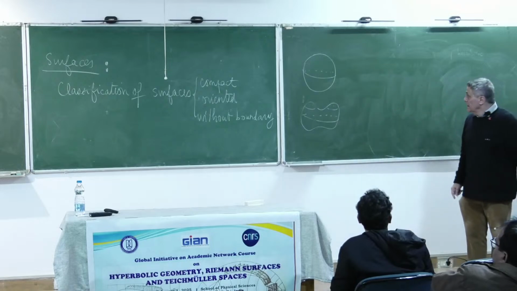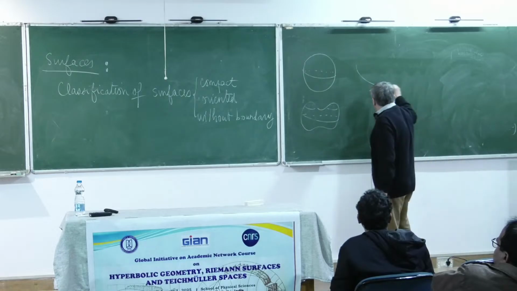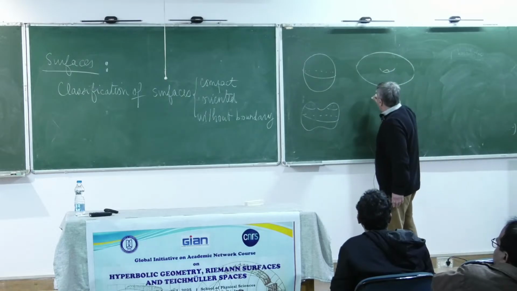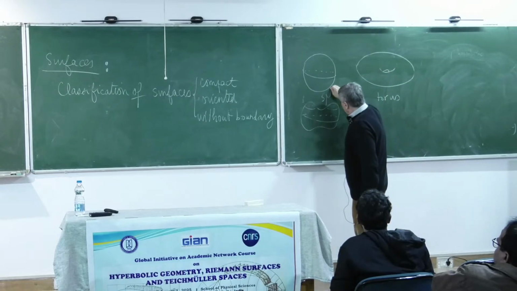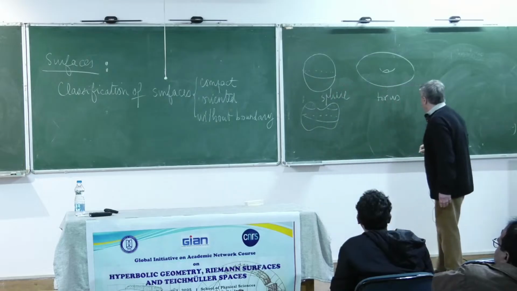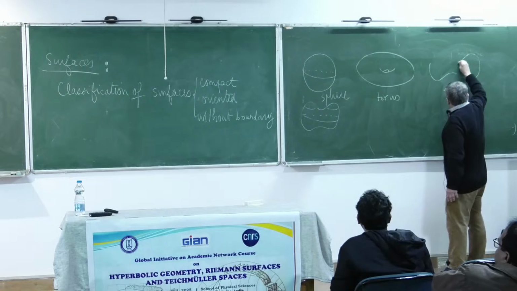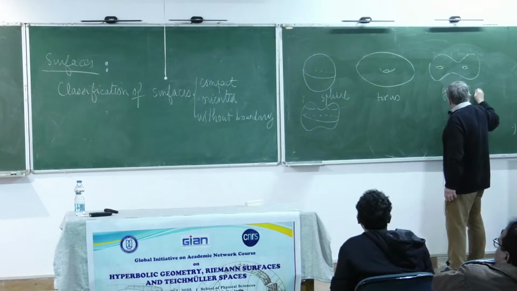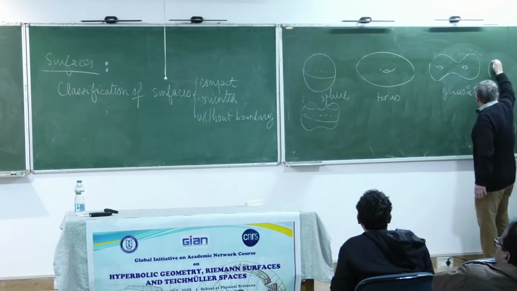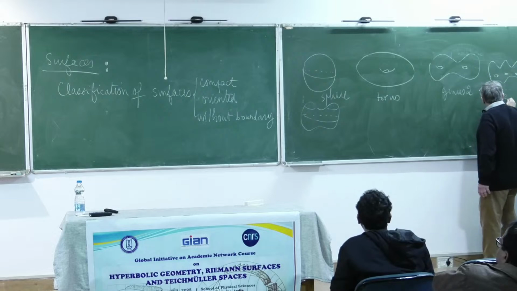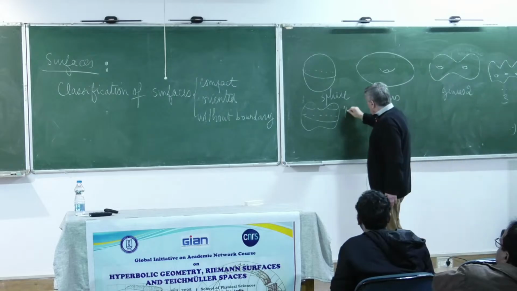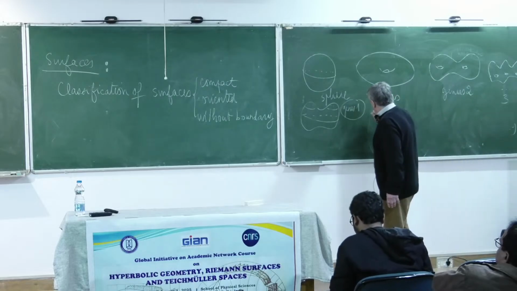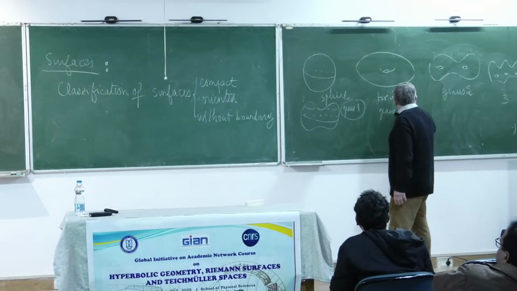Okay. So you have the sphere, and then you have the torus, and then you have genus 2, and so on. Genus 3. So this is genus 0. This is genus 1.